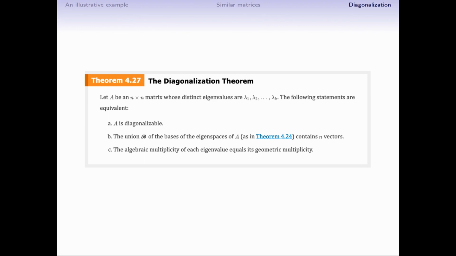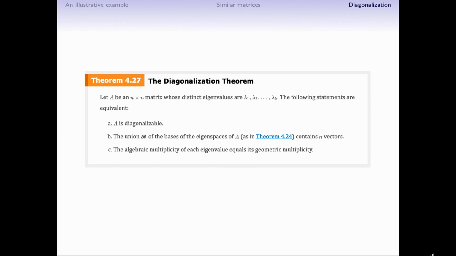When we merged those bases together, we found that the matrix A had 3 linearly independent eigenvectors, and that is enough to show that the matrix is diagonalizable. We also saw that the algebraic multiplicity of each eigenvalue was equal to its geometric multiplicity, and that is equivalent to saying that the matrix A has 3 linearly independent eigenvectors.